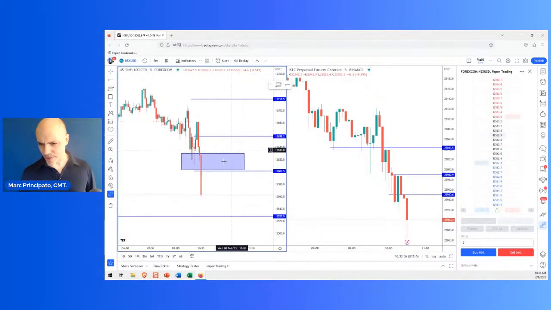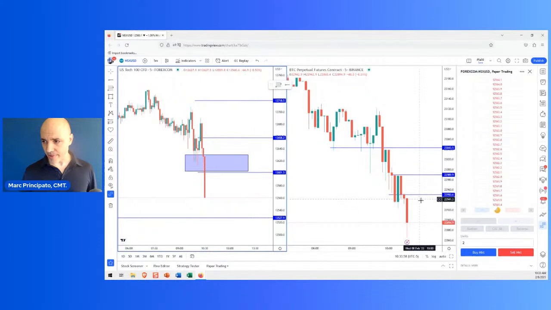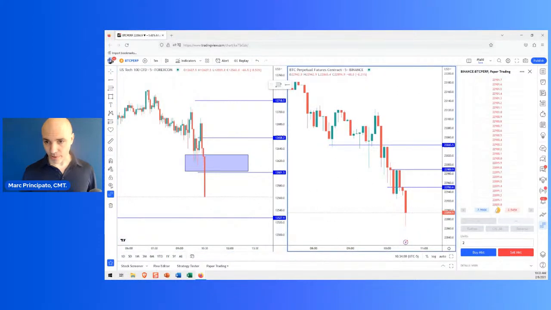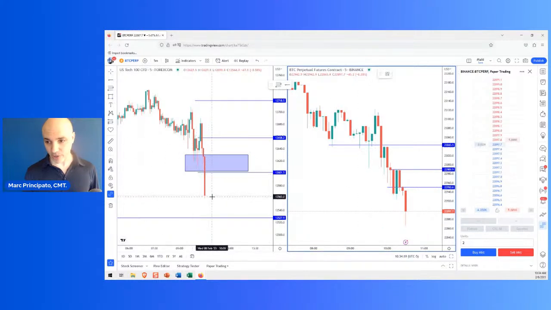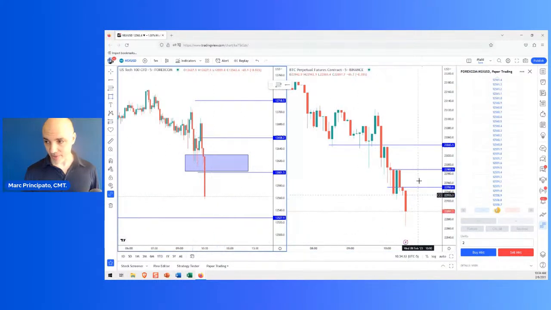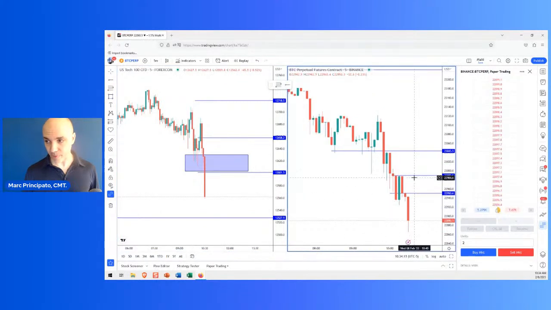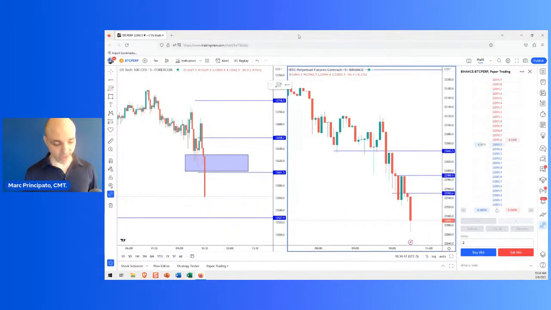This NASDAQ looks really ugly, but if Bitcoin finds support first, and it refuses to continue to sell, at that moment, it will be demonstrating relative strength. And if the NASDAQ turns out like that, this thing is going to squeeze. That's the theory anyway. Okay, so any questions about that?